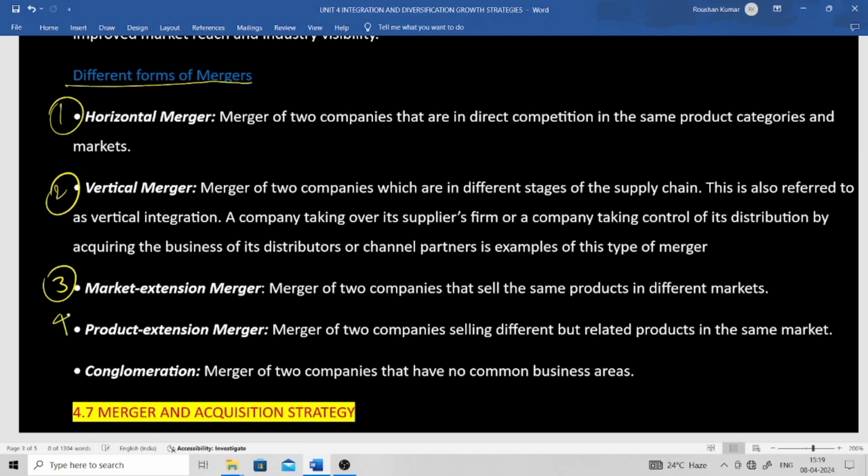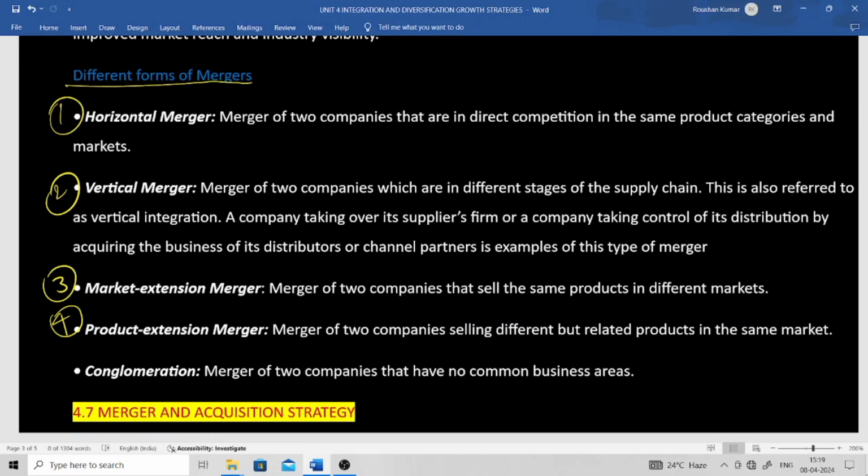Now the fourth one is product extension merger. It is a merger of two companies selling different but related products in the same market.